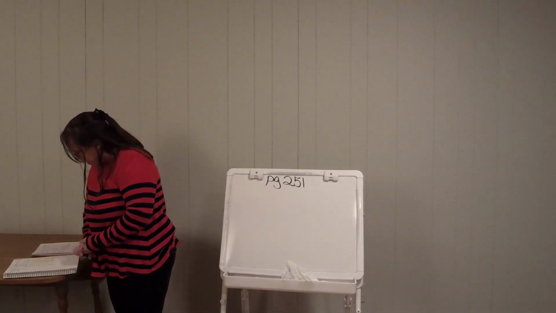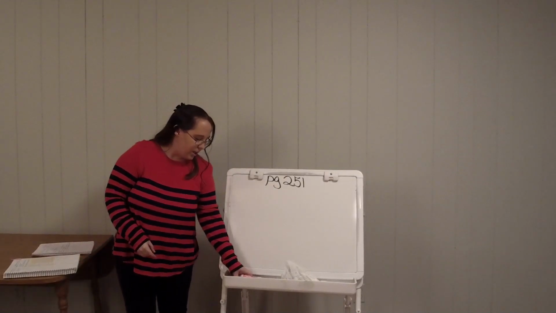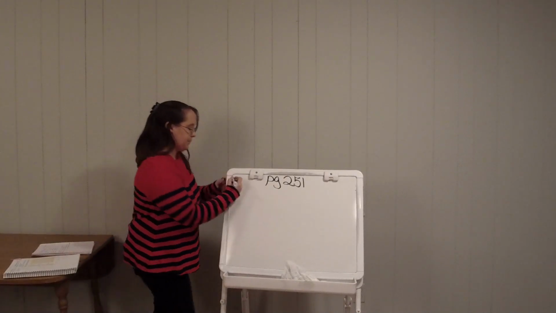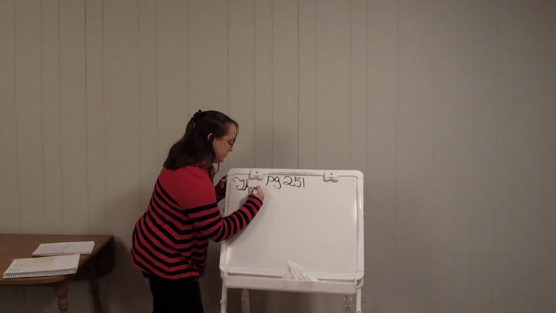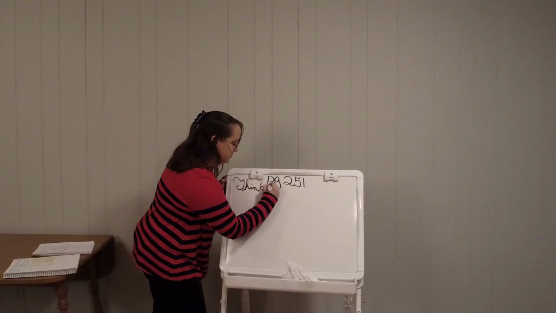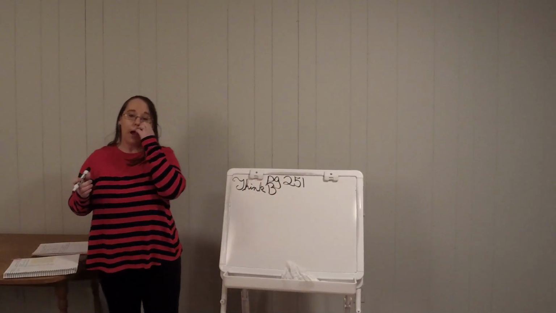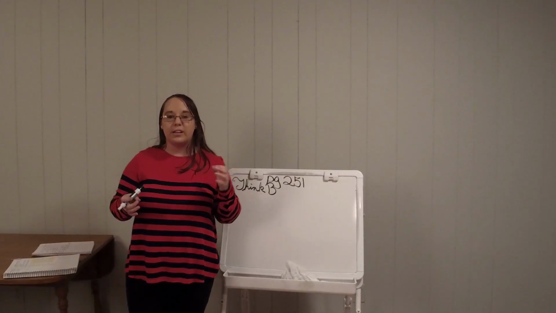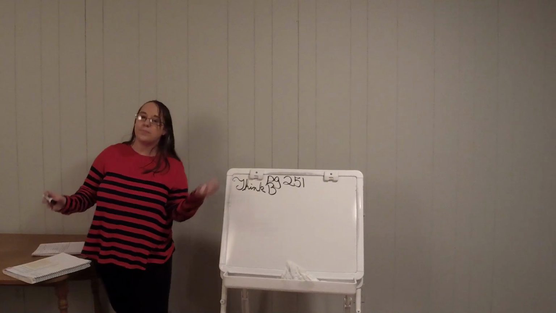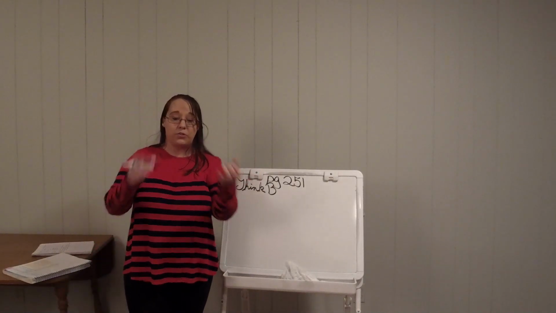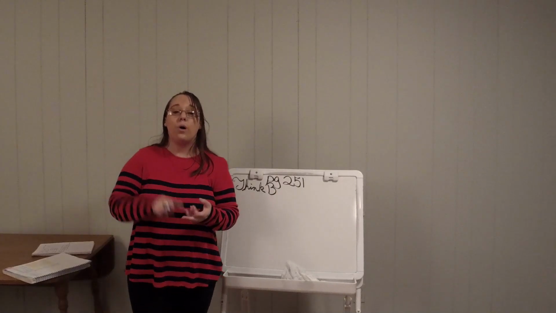So if we look at Think B on page 251, let's look at Think B. Okay, this is a crossword puzzle. I'm going to help you with a little of it, because there might be words you're not sure exactly what something means. It's going to tell you if you need to do the antonym, the synonym, or the homophone.